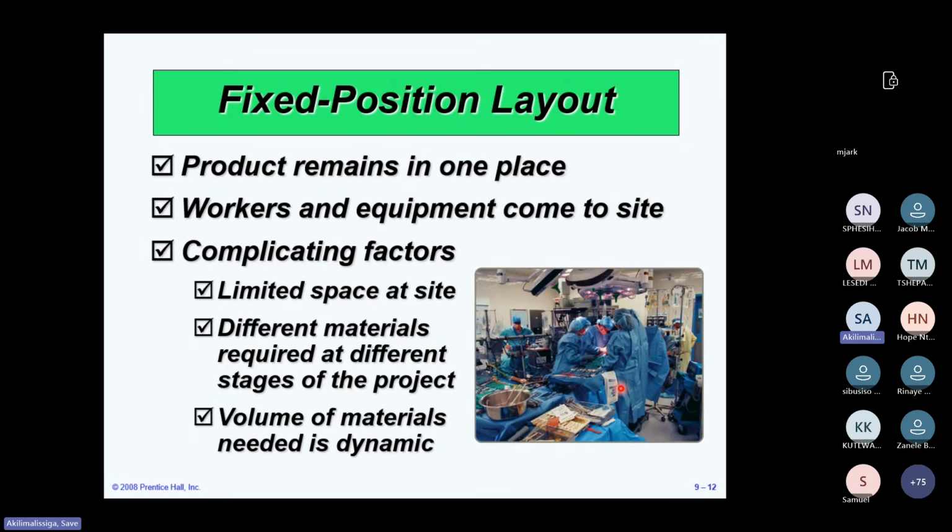At the beginning, workers will need materials that they are going to use for building the foundation of the house. Once they are done with the foundation, they will go on to raising the walls and all that. And at that level of raising the walls, they will also need different materials or tools. Once they are done, they go to the roof. They will also need different materials in order to cover or build the roof. So again, this shows that the volume of materials needed is dynamic.